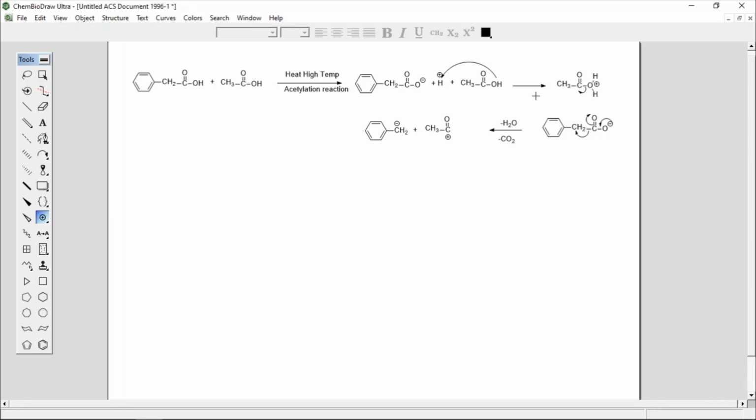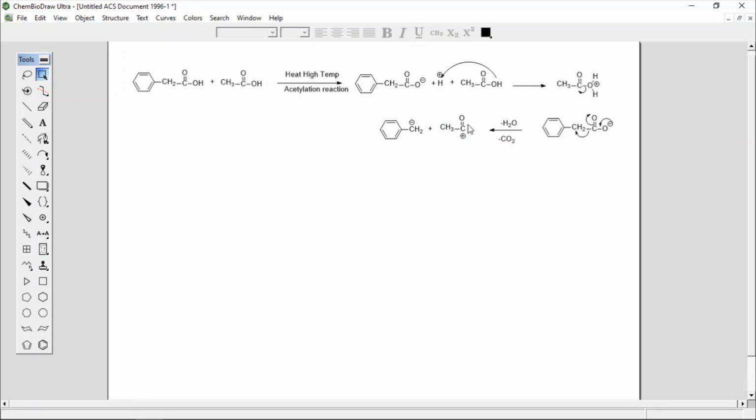Now this acylium ion will act as an electrophile, and this will act as a nucleophile. So this carbanion CH2 minus will act as a nucleophile, and this will act as electrophile.